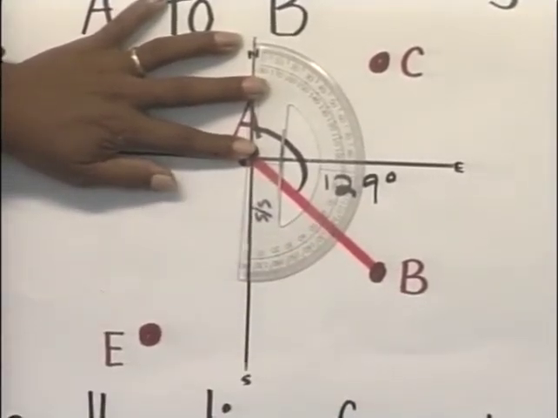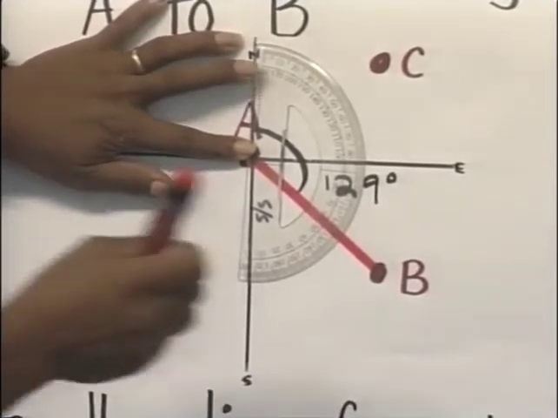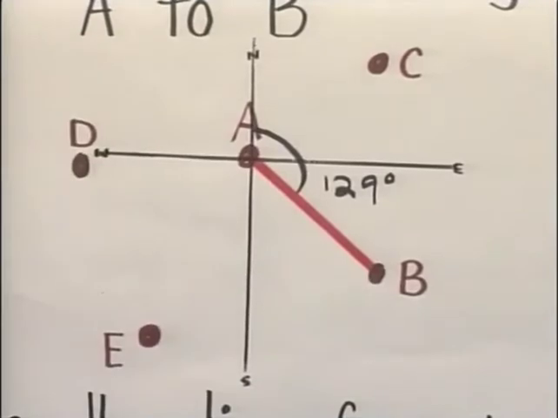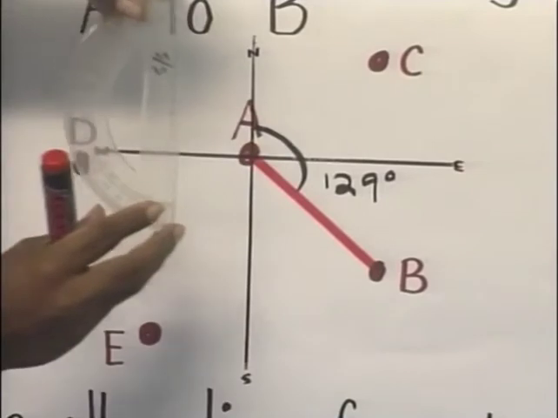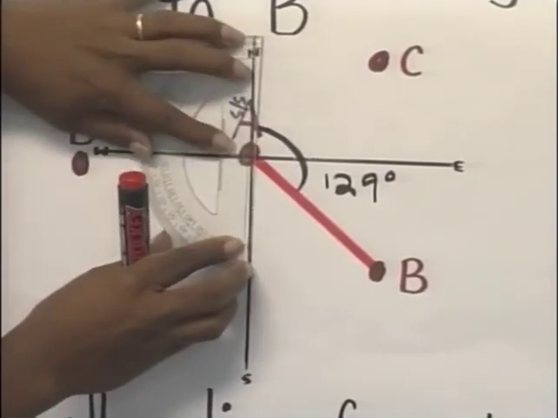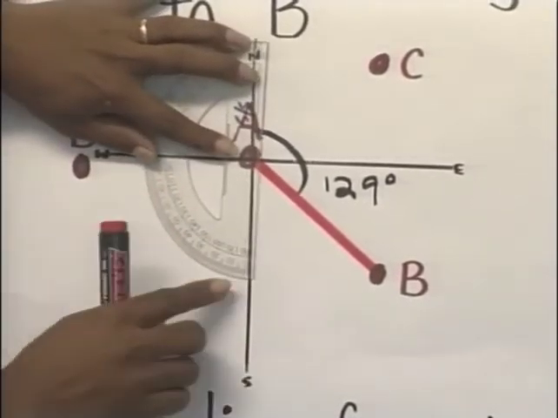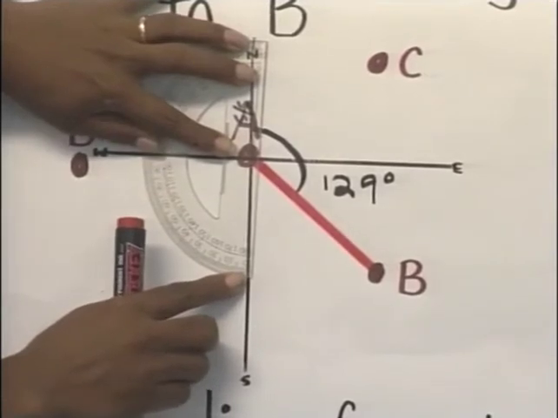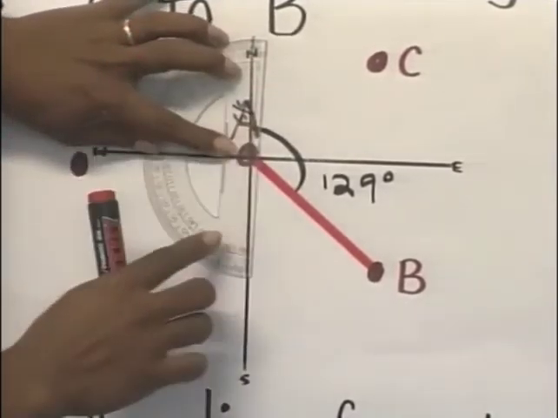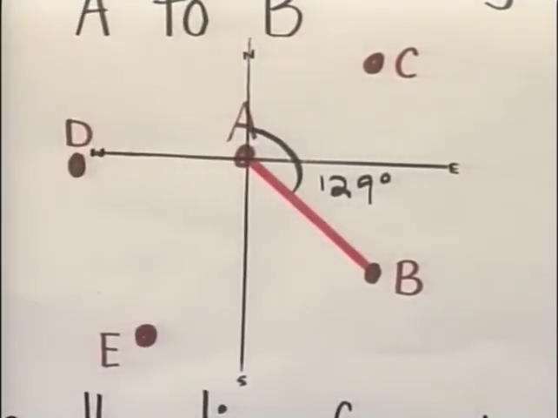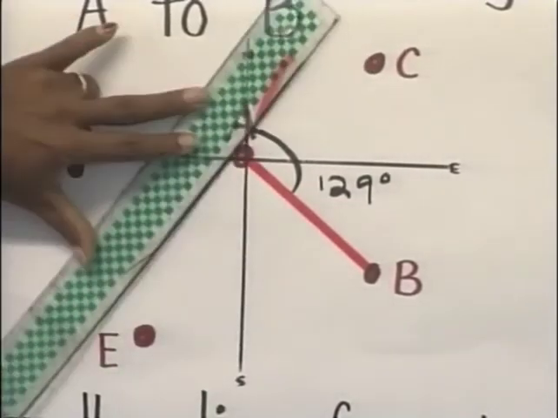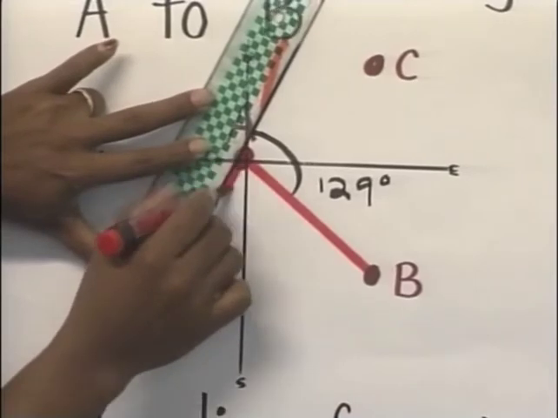But that is not the end of the story. I can still calculate if I don't have a circular protractor. What I do is I simply turn the protractor so that, again, the center sits right where the starting point is, and the zero starts from here, from 0 to 180. And I must not forget to draw in that line from A to E.